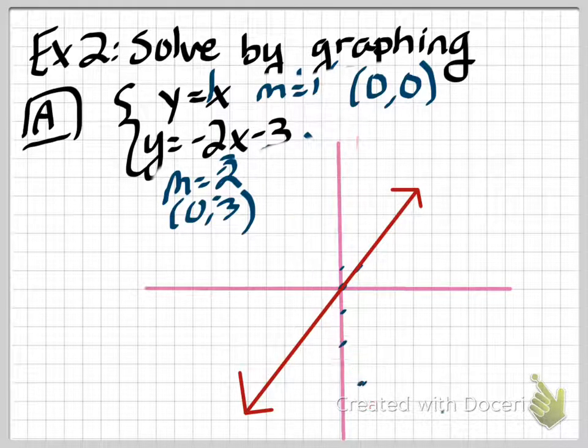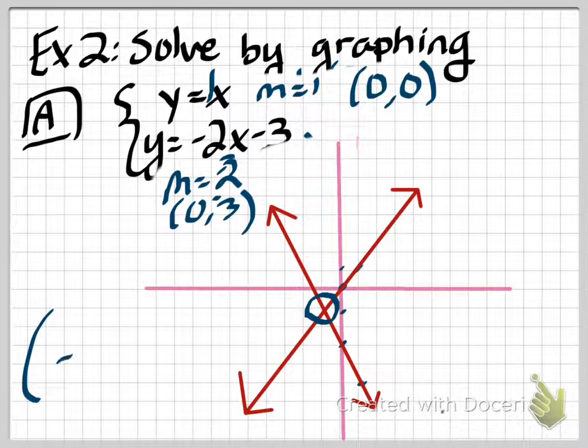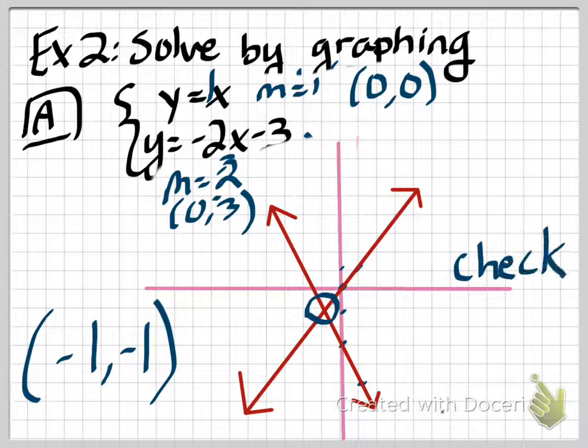Wow, this is really hard to do on the iPad. Okay, that's pretty good. I think you can tell where it's supposed to be. The intersection is the solution, and that is the intersection. So that means my solution is -1, -1. It's good to check. So let's check with -1, -1.